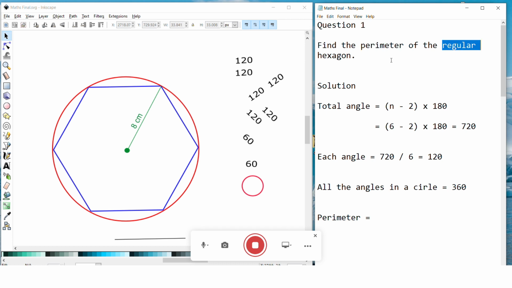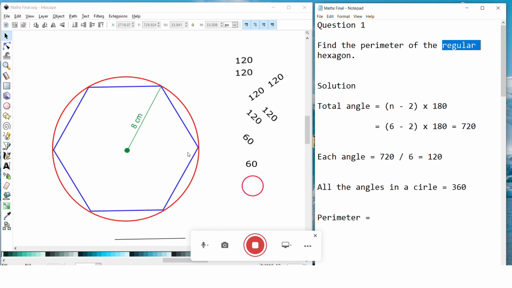A regular hexagon, when you have a regular shape, it means all the sides have the same length. So for the blue hexagon here, all the sides have the same length, which means all the interior angles inside the hexagon will also be equal.